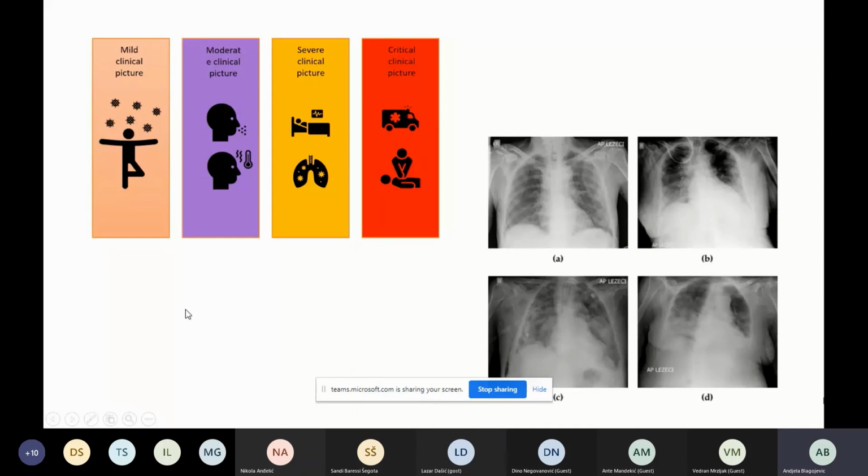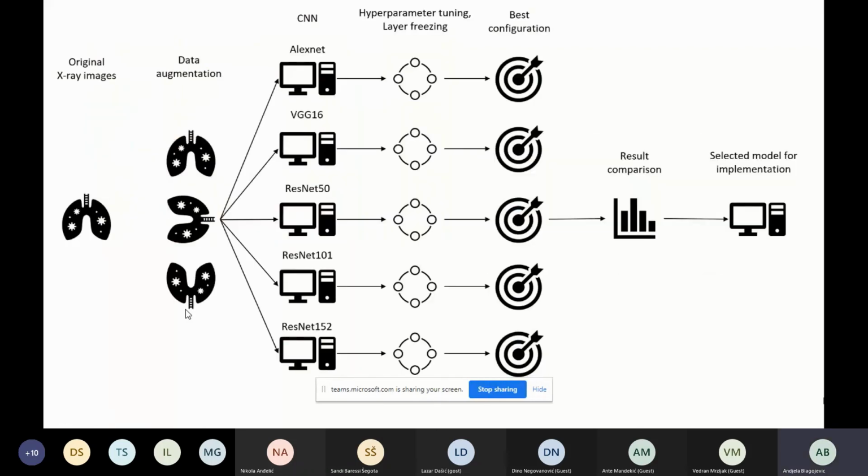Additionally, X-rays of the patients have been collected within Clinical Center Kragujevac and separated into 4 severity groups based on patient's clinical picture: mild, moderate, severe, and critical. Due to a limited number of collected images, data augmentation has been applied.